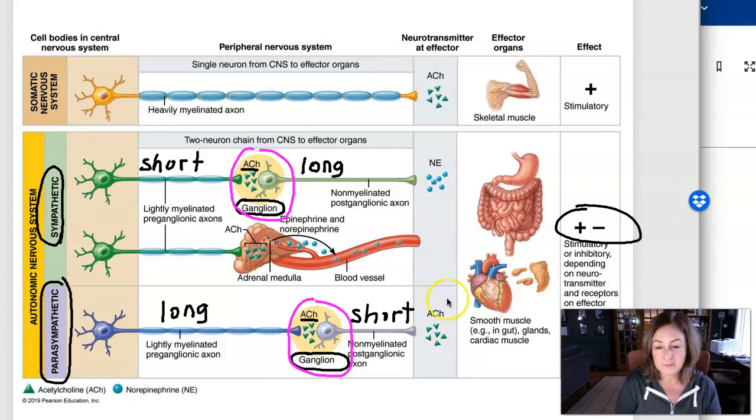In the parasympathetic division, the neurotransmitter that's used is acetylcholine. And I'm using purple because that acetylcholine could have an inhibitory or an excitatory effect. It would depend on the type of receptor that binds the acetylcholine.